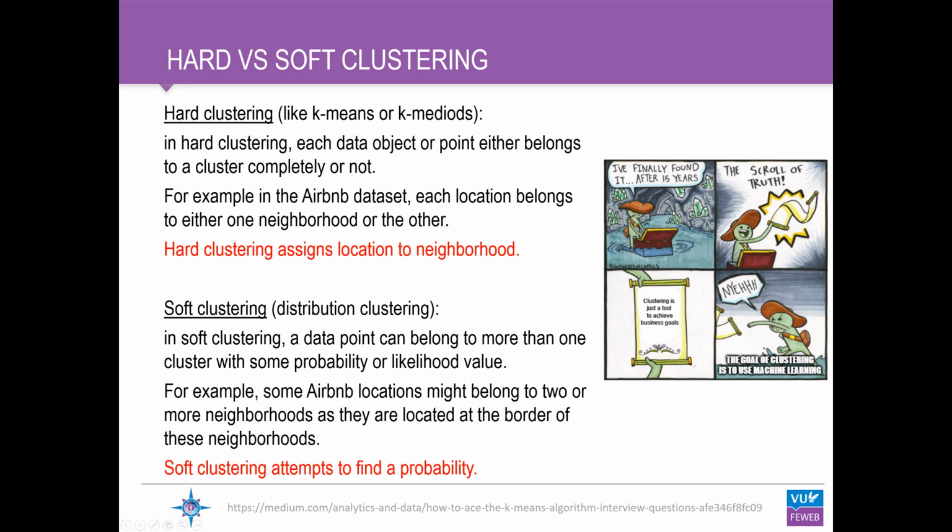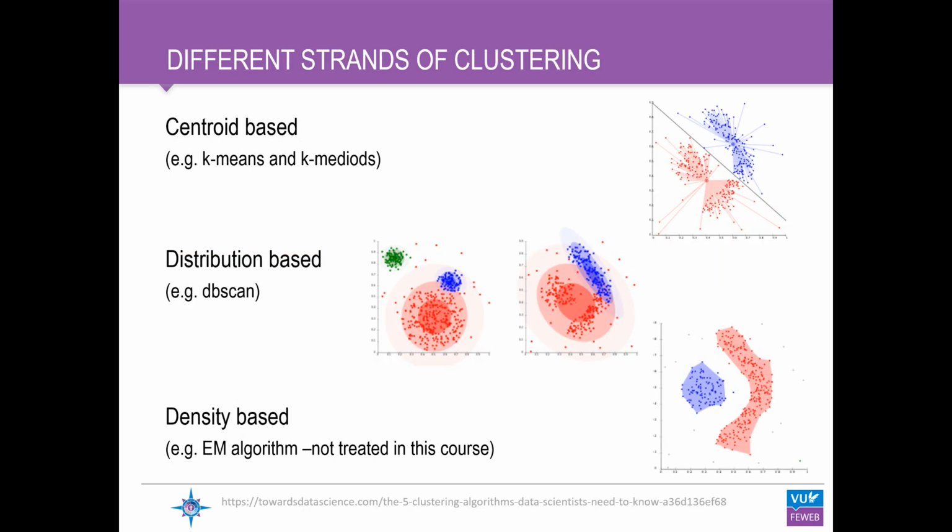You assign each observation to a certain cluster. Soft clustering is where you don't have one data point, but just a probability that it will be assigned to a cluster. So it does not need that one data point is only assigned to one cluster. There's a probability that it will be assigned to one cluster and a probability to be assigned to another cluster.